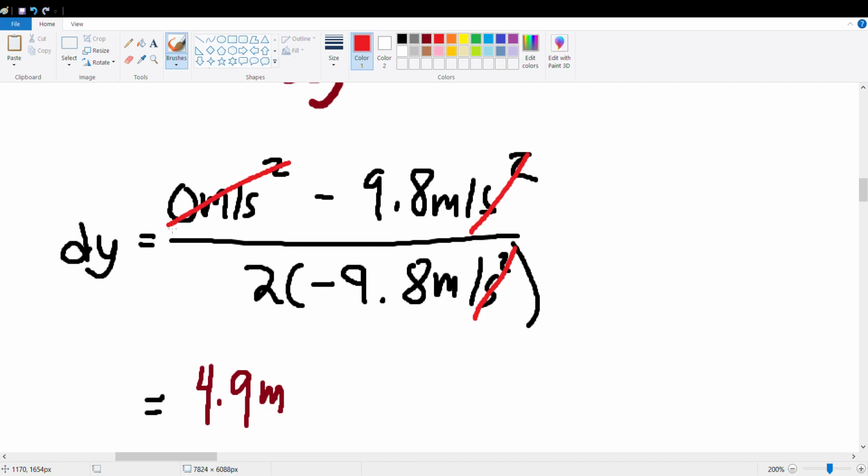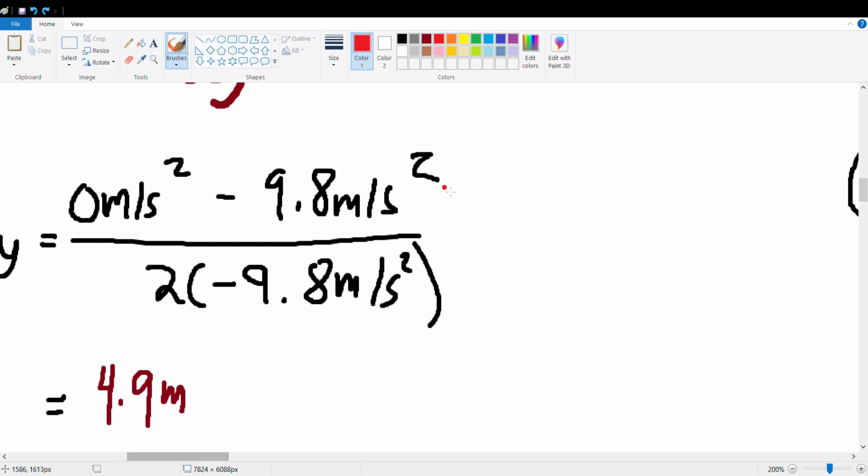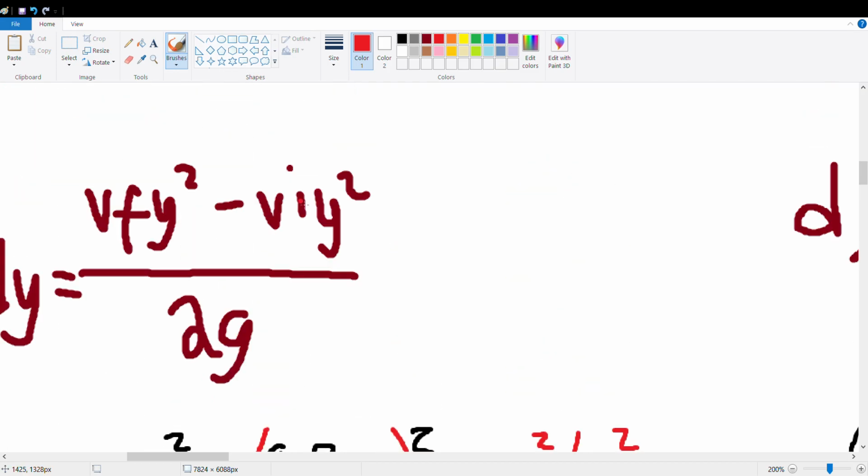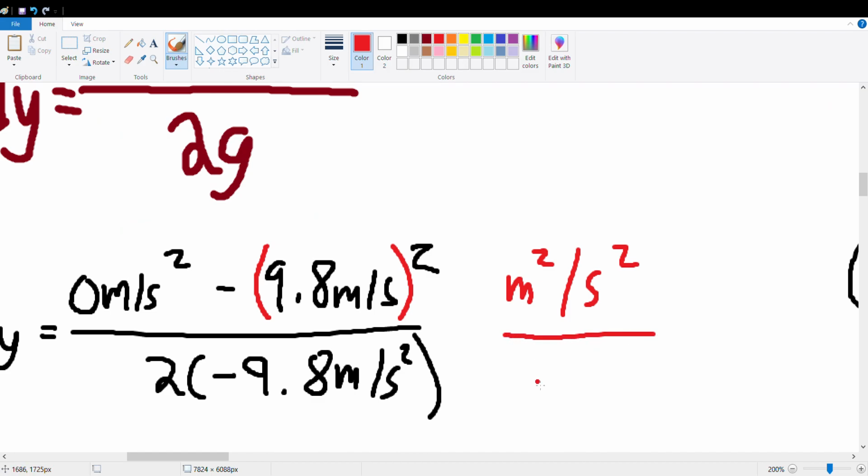For here actually, this is basically meters squared per second squared, over meters per second squared.